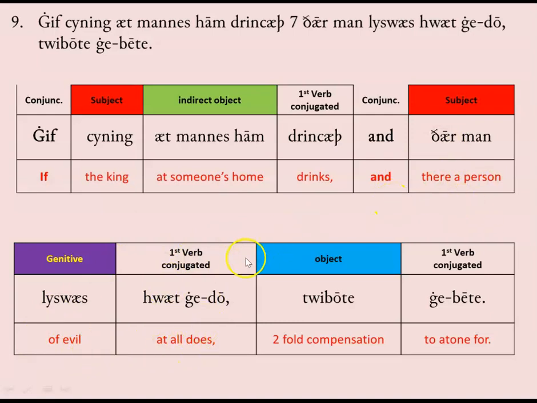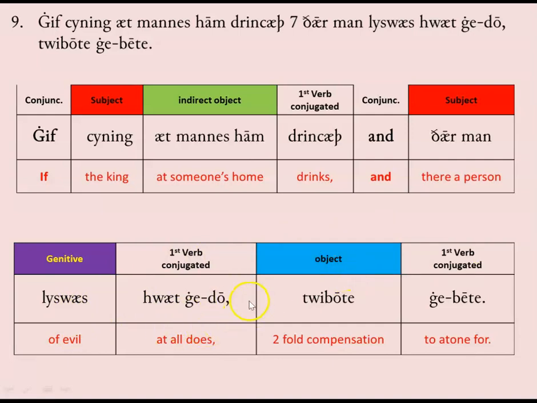Now, what that means is there's a person there who's done any kind of evil at all, then this consequence will follow. So all that's saying is tharman luswas, there a person of evil at all does, or of evil any does, or does any evil. So if we were to translate it into modern English, it would be there a person does any evil at all, then this will follow.